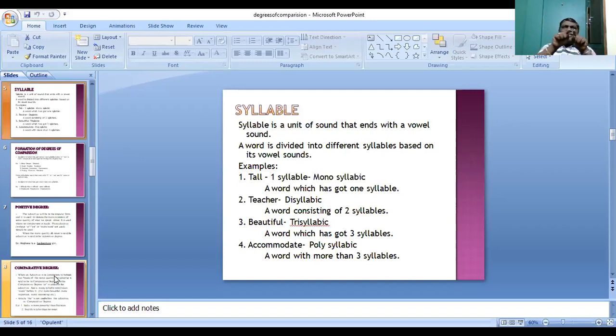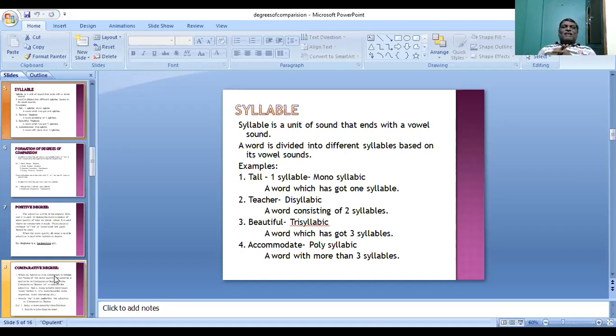Each unit of sound ends with a vowel sound. Such a unit is known as a syllable.